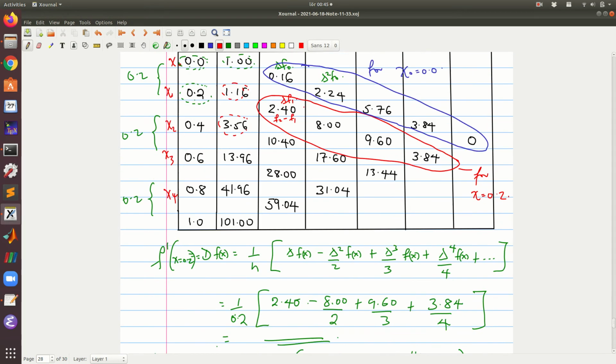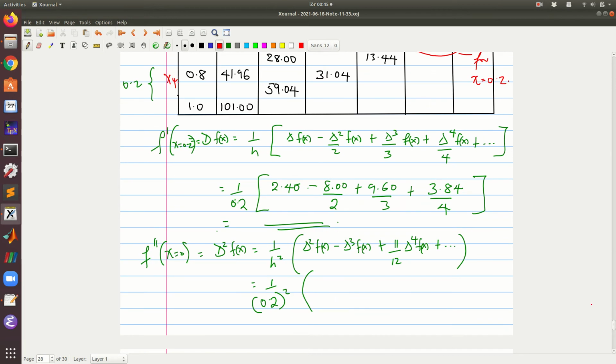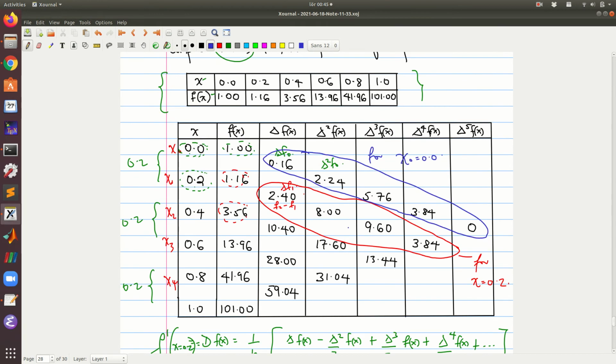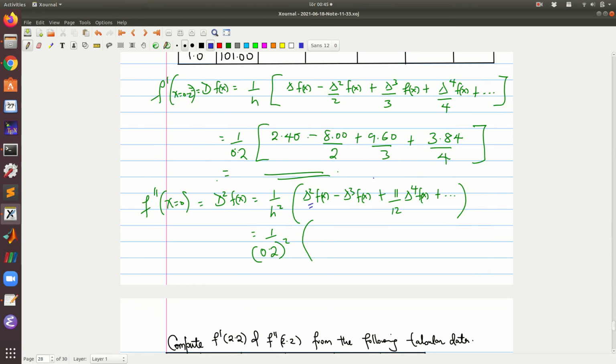So that means that we fill in the values in blue, and what do we have? The second forward difference here in blue is 2.24.